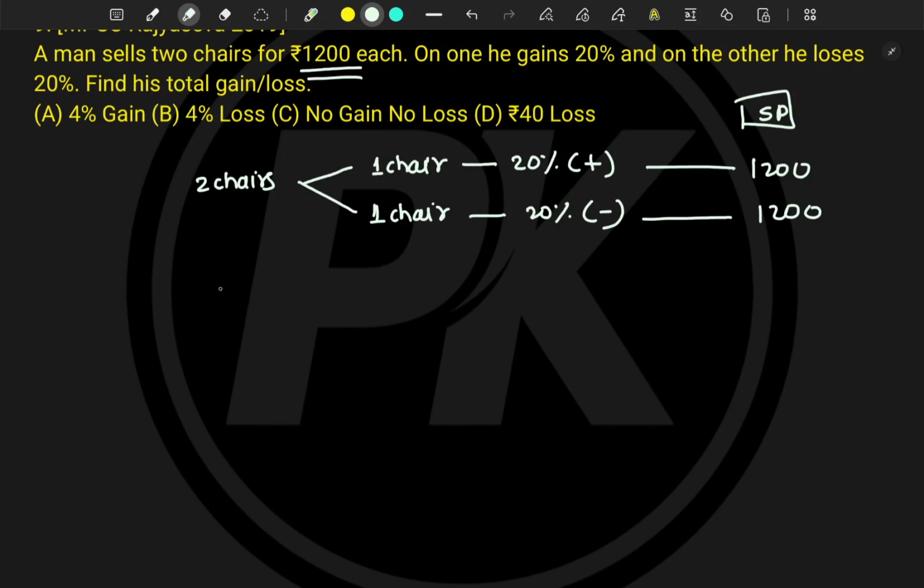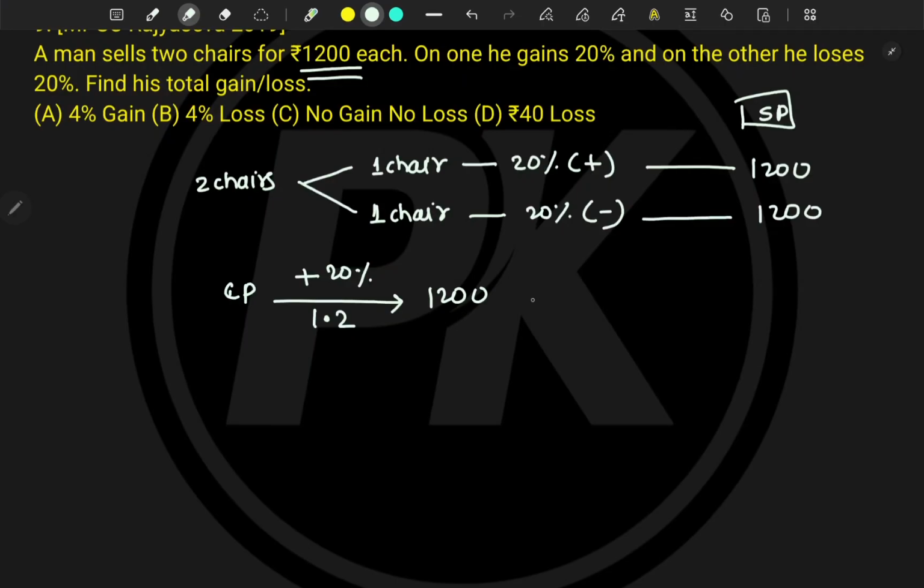Let's say there was a cost price. On that you have gained 20 percent, and then your selling price will come, which will be equal to 1200. So plus 20% means a factor of 1.2. So cost price into 1.2 is nothing but 1200. So that is for the first chair.